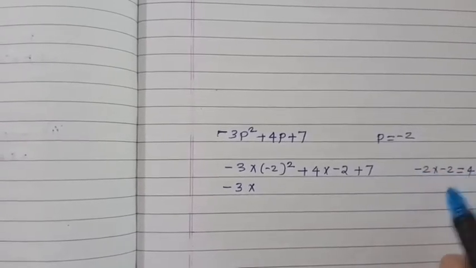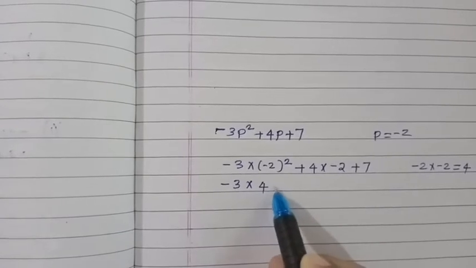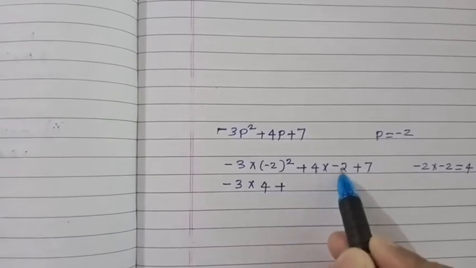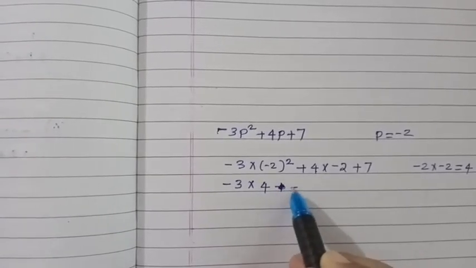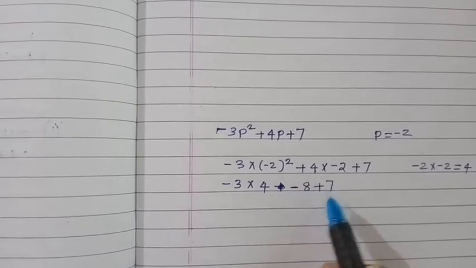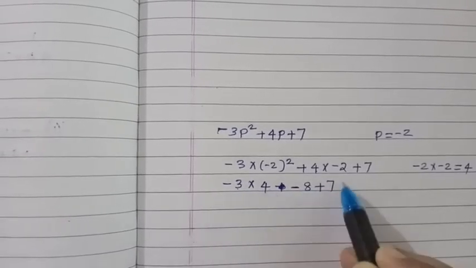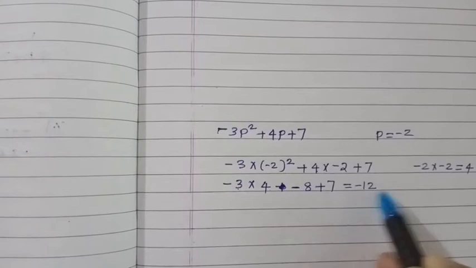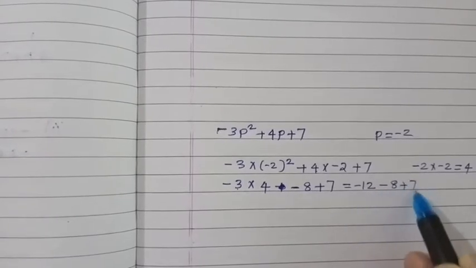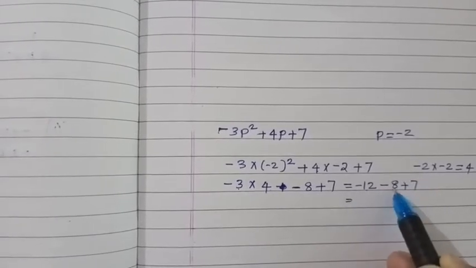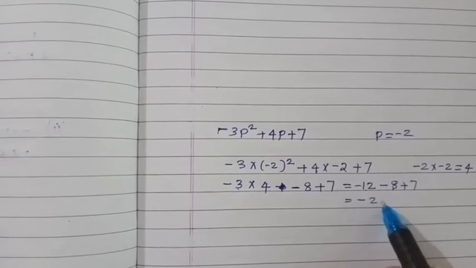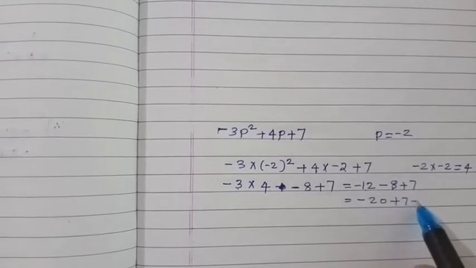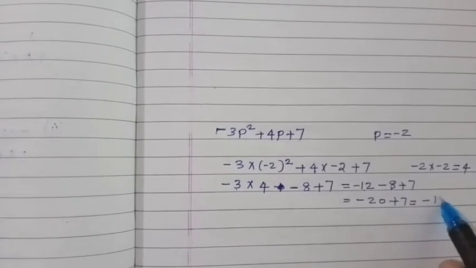That is 4. So minus 3 into 4 is minus 12, then 4 into minus 2 is minus 8, plus 7. Now minus 12 minus 8 we get minus 20, plus 7 equal to minus 13.